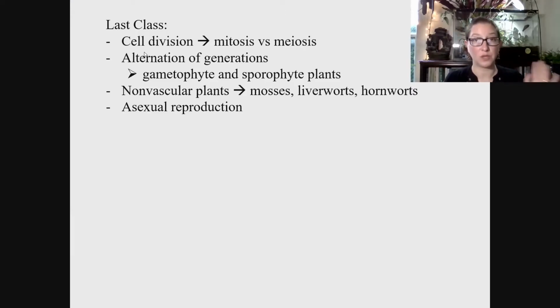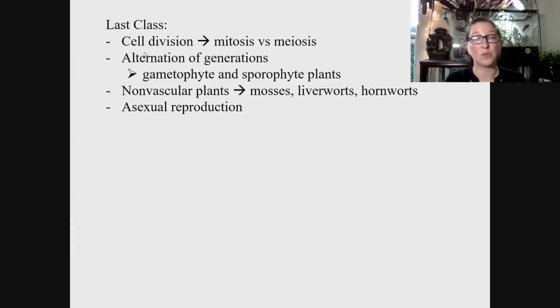Meiosis, on the other hand, is for the sex cells. In humans, meiosis leads directly to gametes, egg and sperm. But in plants, because plants are different, they have two different organisms, and meiosis leads to the production of spores. Those spores are haploid, and those spores will grow into gametophyte plants.